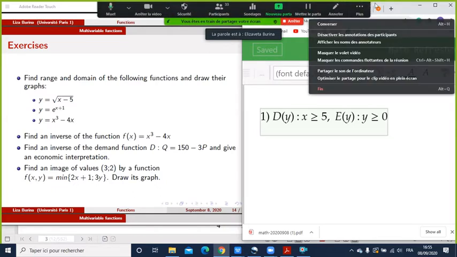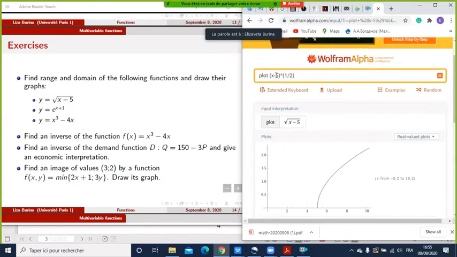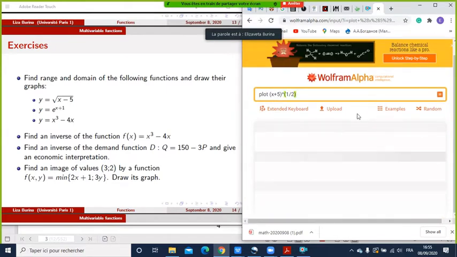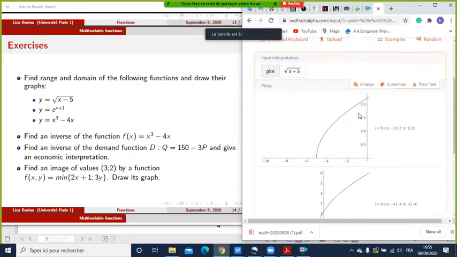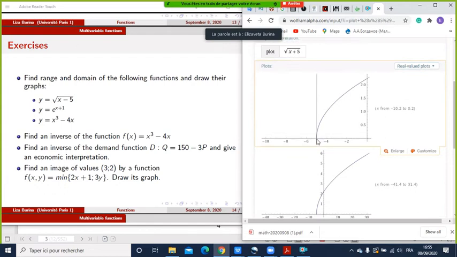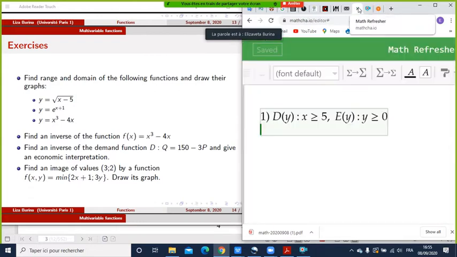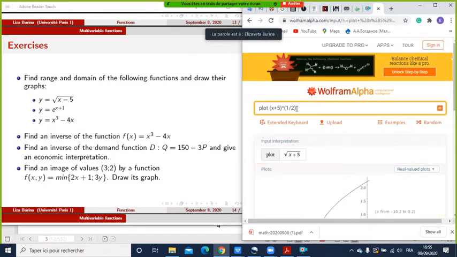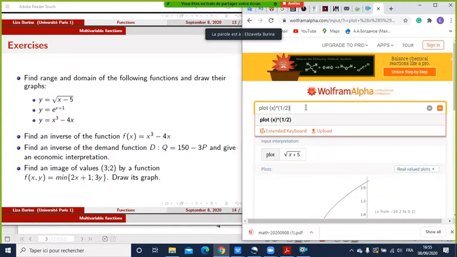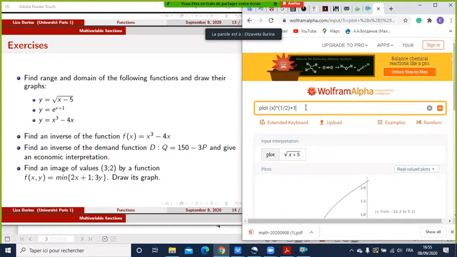Given we had plus 5 here, we would move to the left. Let's prove it to ourselves. So here we can plot plus. Here, we started at a point minus 5 and the shape is still the same. What else can happen? We can take a normal square root, so we can plot just square root of x and then add 1.